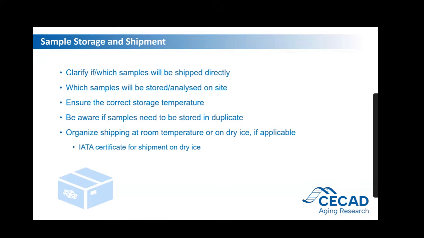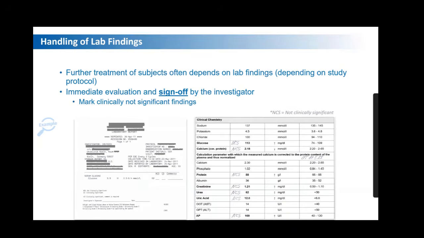And once you, either from your own lab or from a central lab, get your lab findings back, those always have to be seen by the PI. So the investigator has to sign off everything they see with either the comment that it's not clinically significant or that it is.